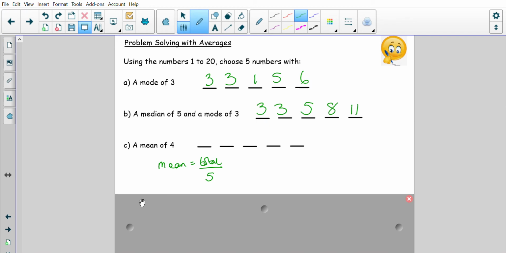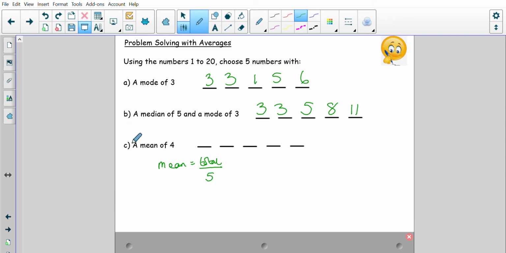So if I want a mean of 4, that means 4 has got to equal the total of the numbers divided by 5. So the key to working out problems with the mean is to understand what the total of your numbers has to be. So if the total divided by 5 has got to equal 4, I know that the total of my numbers is equal to 20.